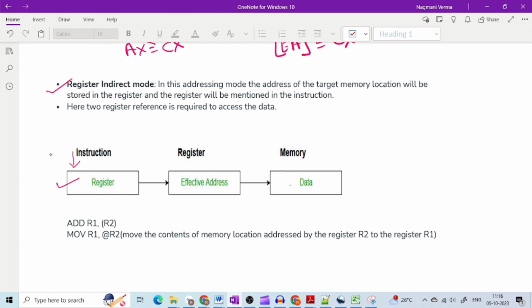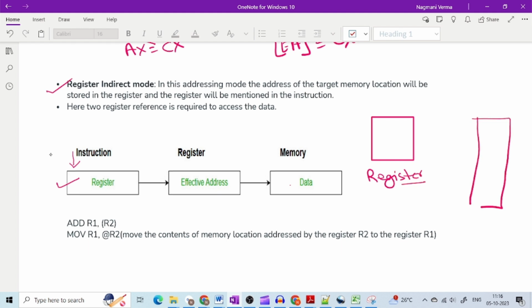So what does this mean? If this is the register and this is the memory, then from here, if I say R1, there will be some data. But what is this data? This is the effective address.